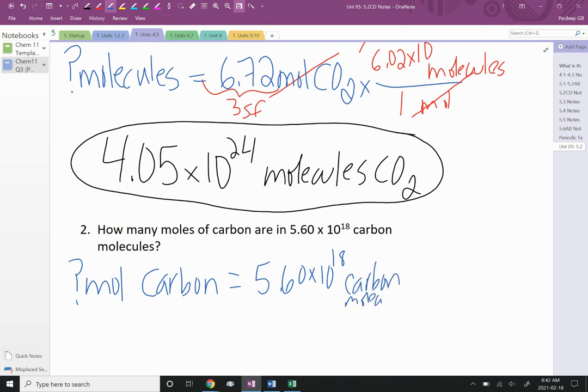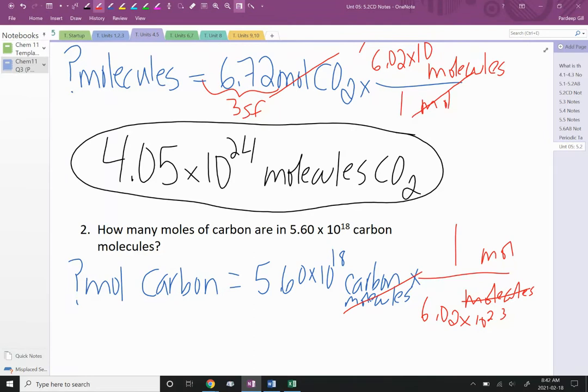We want to get rid of molecules, and we eventually want to be in moles. So we're going to say here, molecules on the bottom, and then I'll plug in the numbers after, and mole on top. So we know we have Avogadro's number, 6.02 times 10 to the 23 for every 1 mole, so molecules cancel out, and you are left with moles.